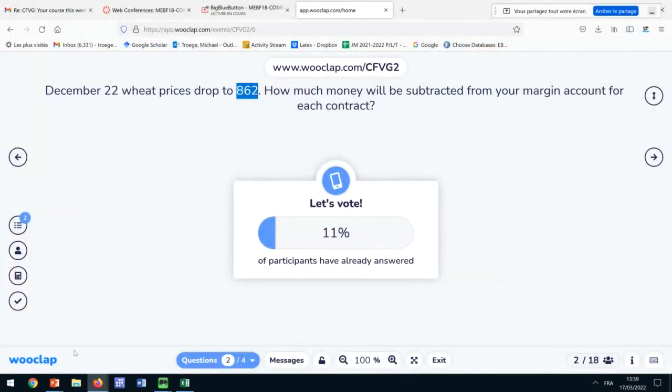you already did the calculations. Okay, if you buy at 1,000 and then it goes down to 862, that's going to be a lot of money. That's going to be subtracted from our margin account. Again, the calculations are quite simple once you have understood that every cent in price change corresponds to a $50 value change.